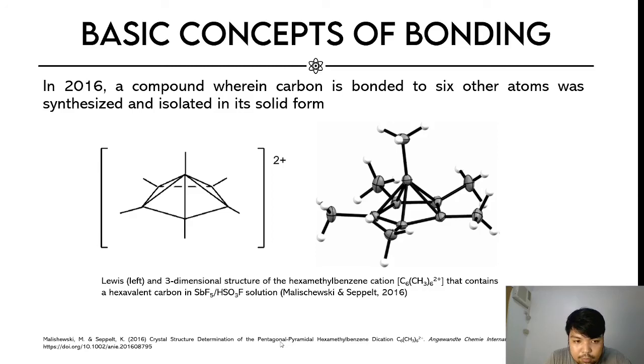If you see it here, we know that carbon can form only 4 bonds, right? Now in this case, it can form 6 bonds.